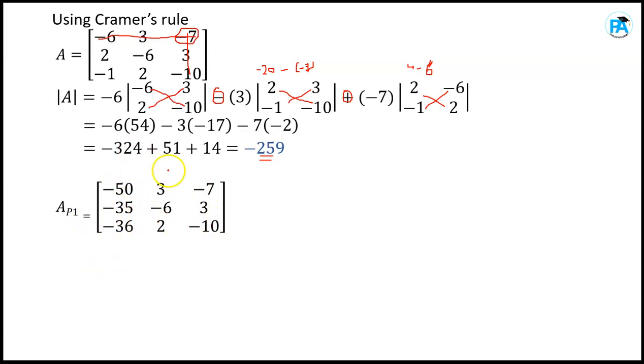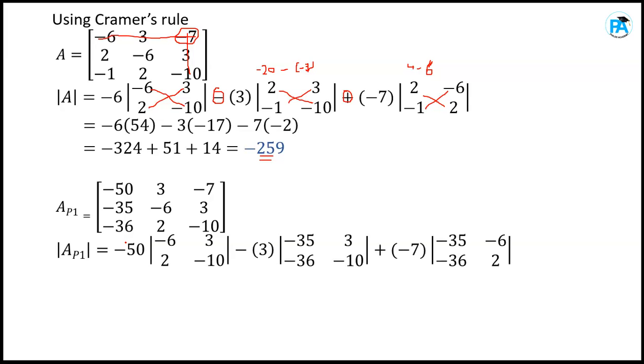Okay, the vertical ones are called the columns. So you place it in the first column. When you place them in the first column, it means that you've taken away the values in the first column and you've replaced them with the B. Are you with me? Then after doing that, you find the determinant of it also.